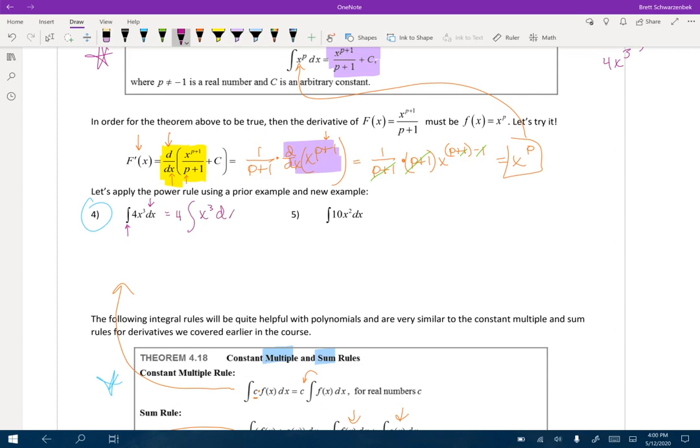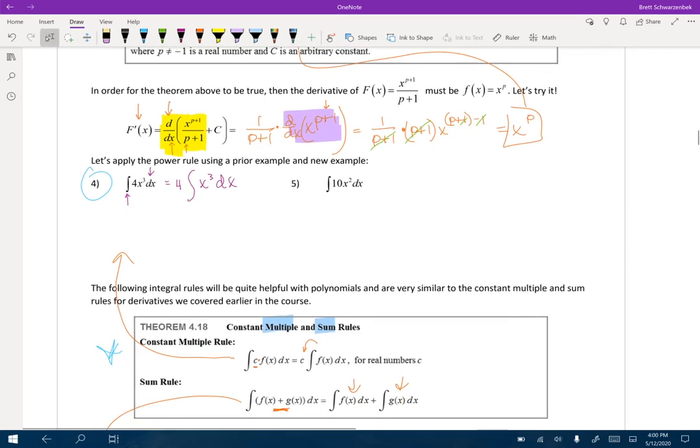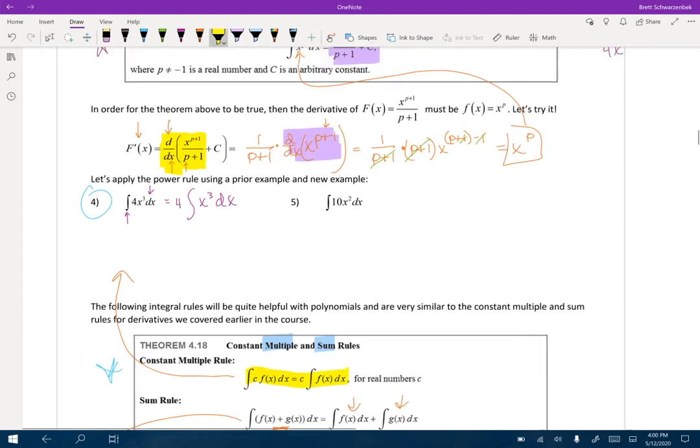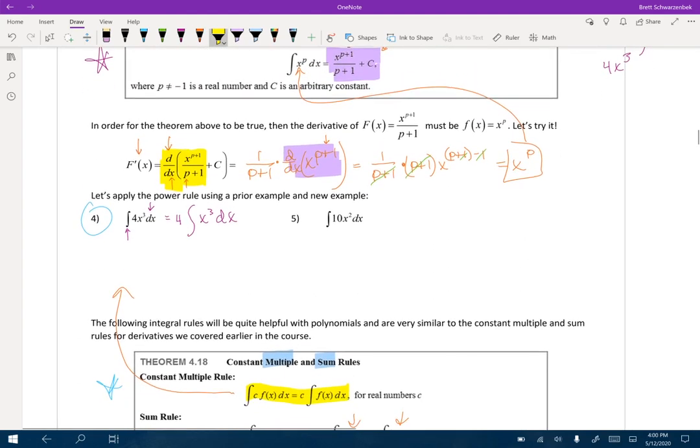Basically we're using this rule right here. We're taking the 4 out as a constant multiple, so it's going to go along for the ride. The 4 stays. Now we can drop the integral and the dx as we take the antiderivative with respect to x. What is it? Well, we have to employ this formula.